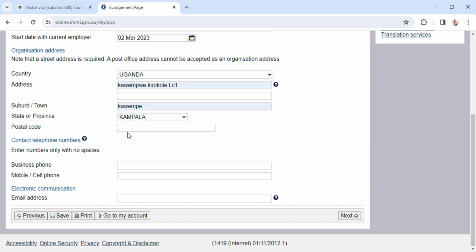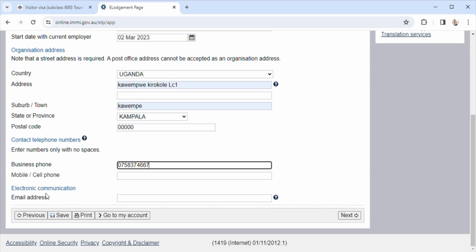Postal code, you can put 00. Contact phone number, you put a phone number of the business or the manager. I'm just putting any number, guys. Don't worry about that. Email address, you put the email address of the manager or the human resource or of the director.